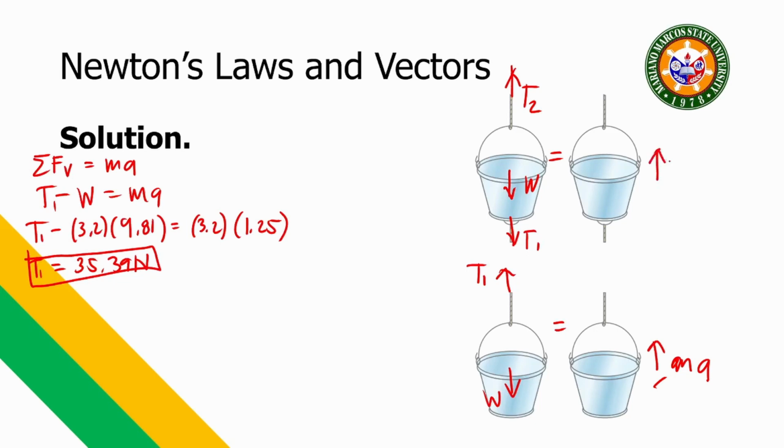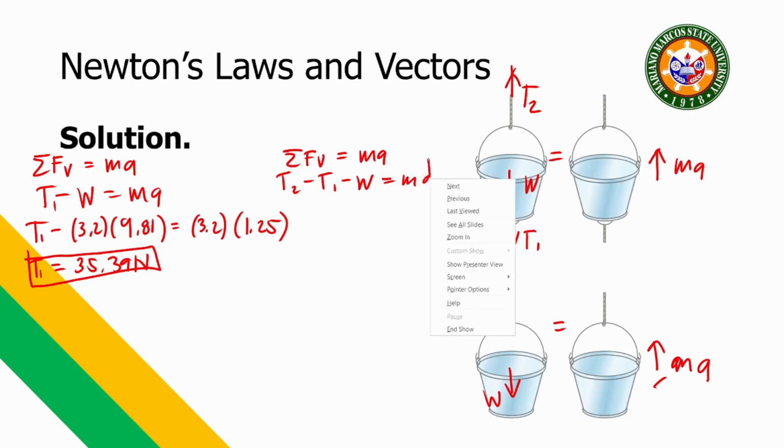So, MA natin is upwards. Now, we try to consider the summation of forces. Summation of forces vertical is equal to MA. Ano yung forces dito? We have here T2 upwards minus downwards yung T1 and then downwards yung W. This one is equal to mass multiplied by acceleration.